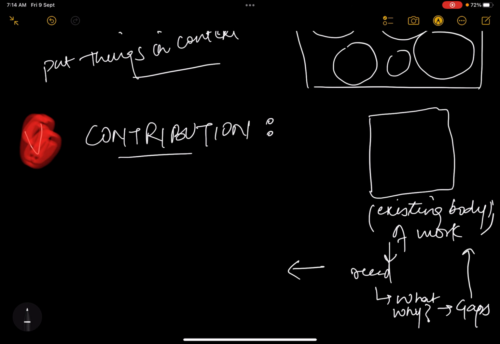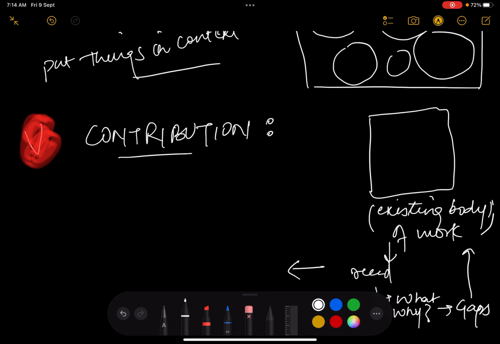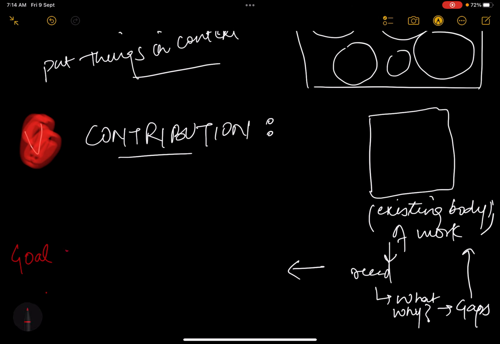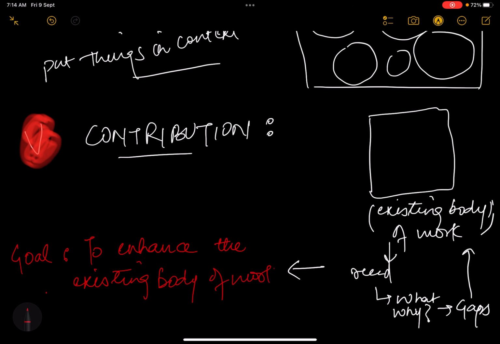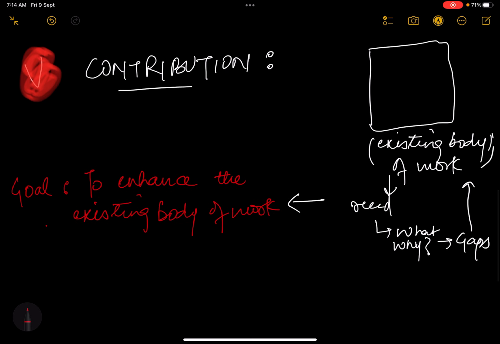And the ultimate goal of this process is to enhance the existing body of work. Now, do you understand what it means? It's a very significant line.